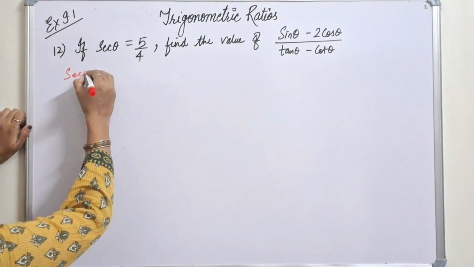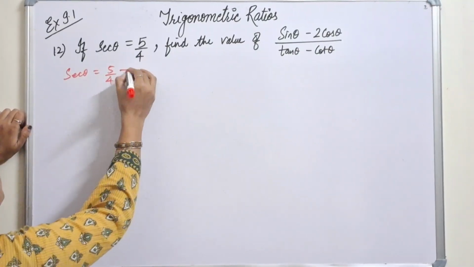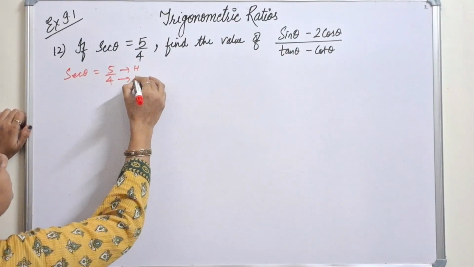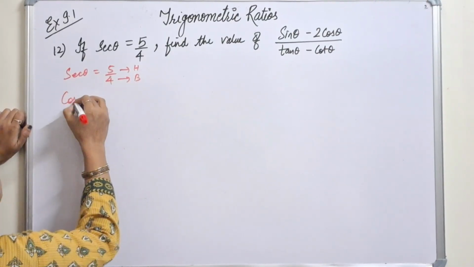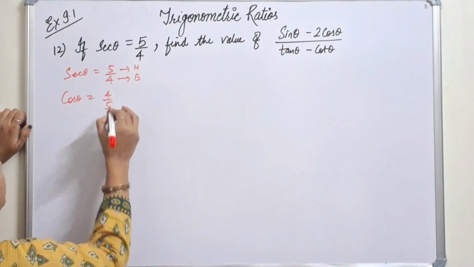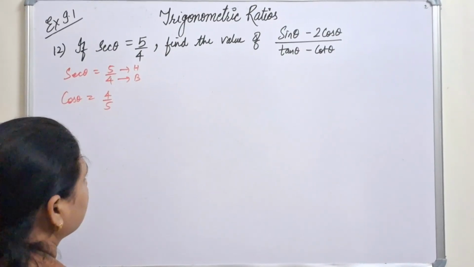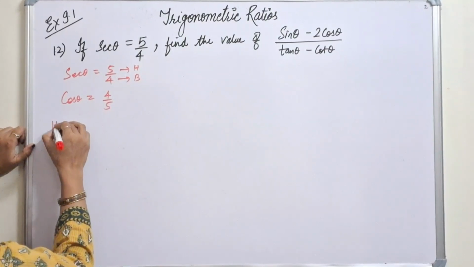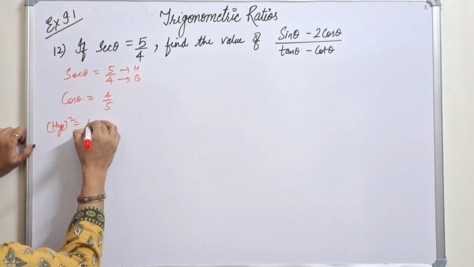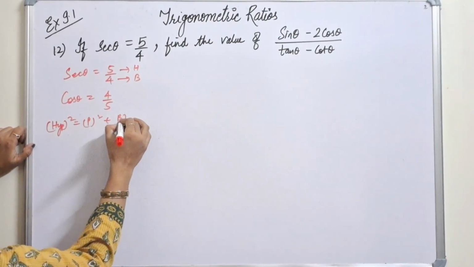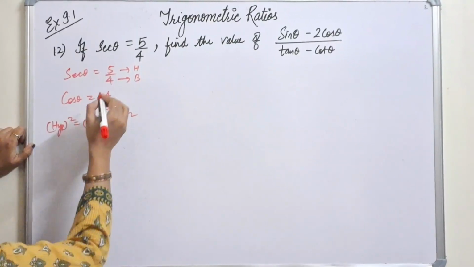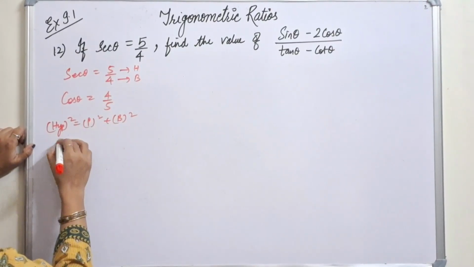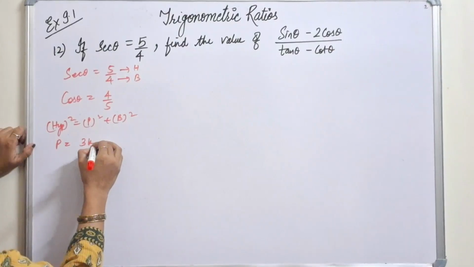The sec theta is given to you as 5 upon 4. This is hypotenuse and this is base. So cos theta is just the reciprocal of it. It is 4 upon 5. Now, this is hypotenuse and this is base. So hypotenuse square is equal to perpendicular square plus base square. So we'll get perpendicular as 3k.